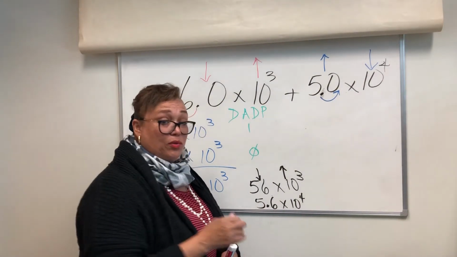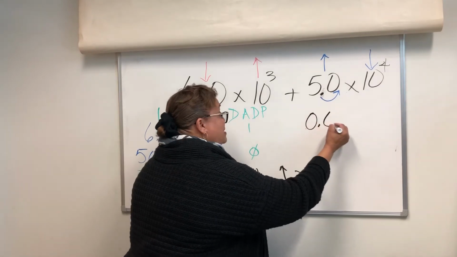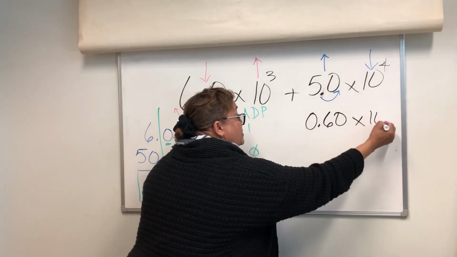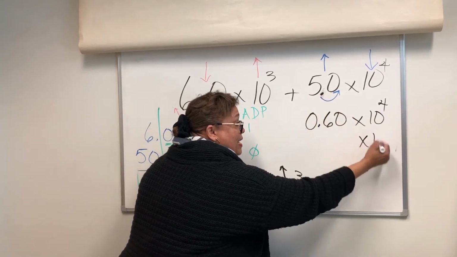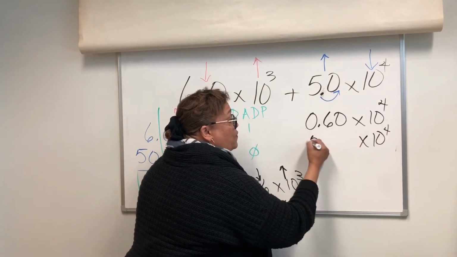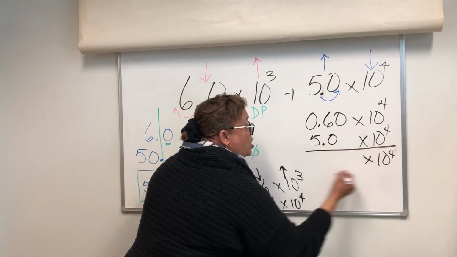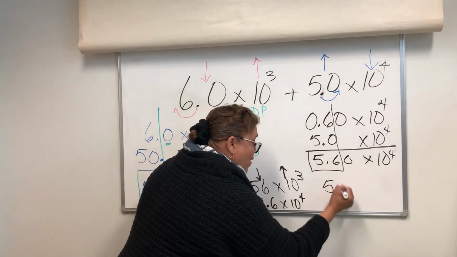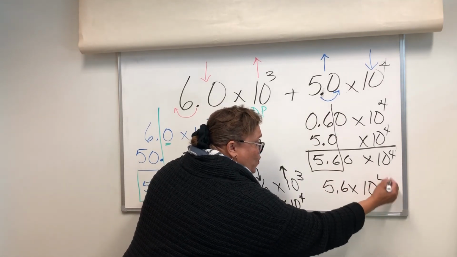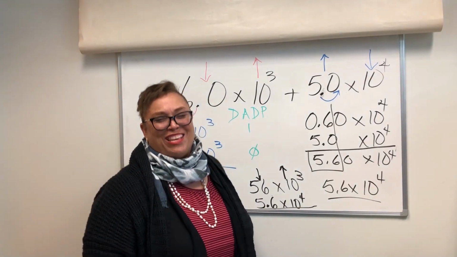So when we put them both in the same power of 10, this will be 0.60 times 10 to the fourth. I didn't change this, so I can just write that in and just say 5.0. Oh my gosh! Oh look, it's coming out to be the same darn thing. 5.6 times 10 to the fourth. Genius! Thank you very much.